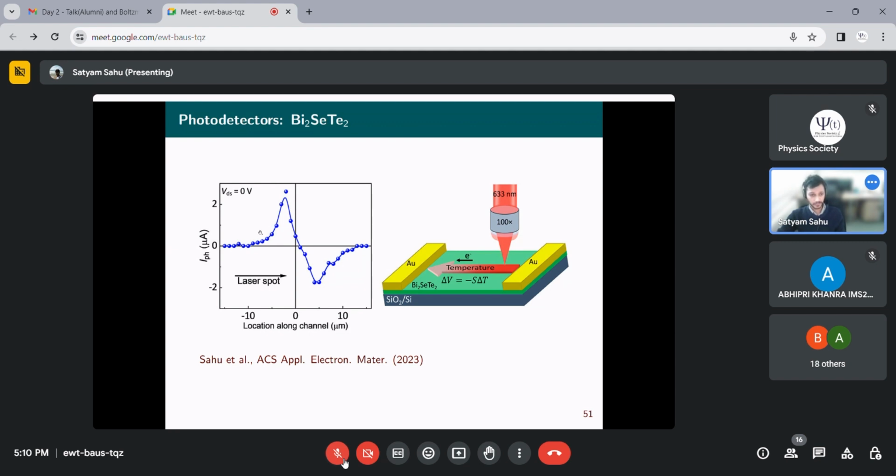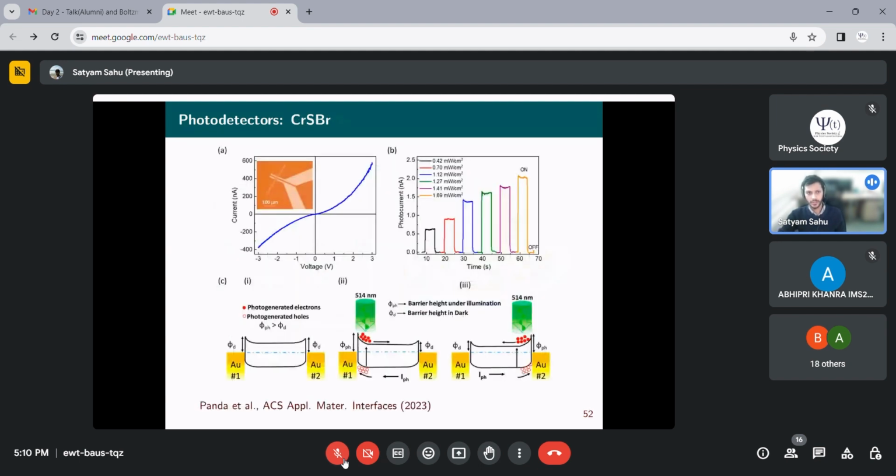This shift from positive to negative in the current when going from one side to another is the signature of the photothermoelectric effect. Then we also published this paper recently, and this is also a photo detector, but it is based on a new material, chromium sulfur bromide.